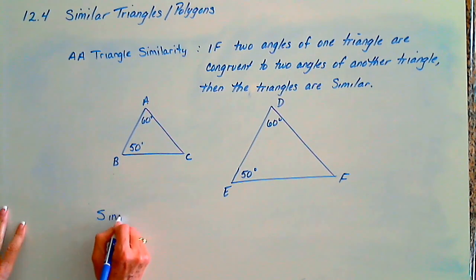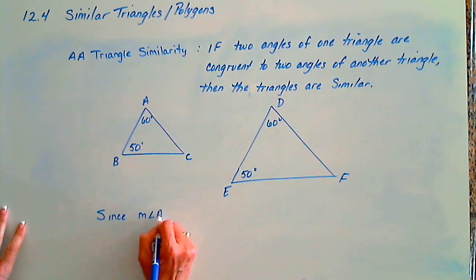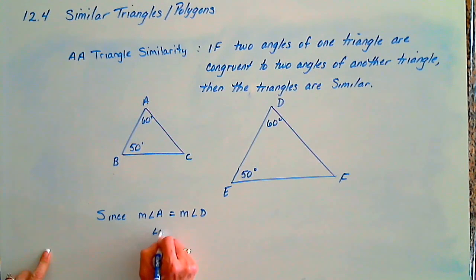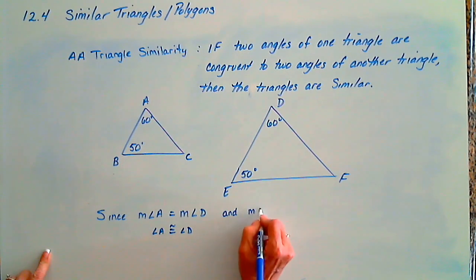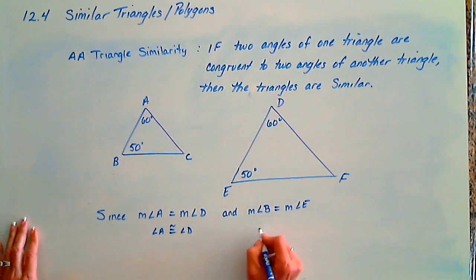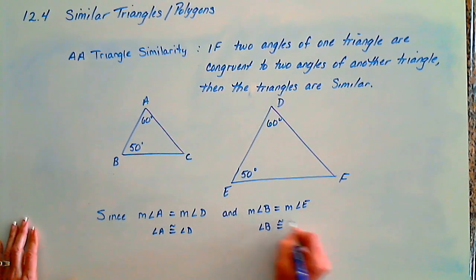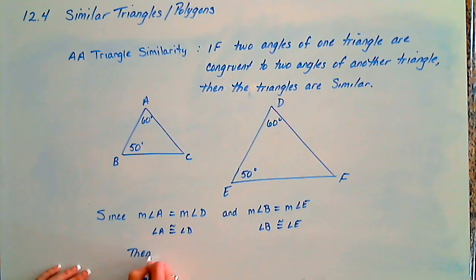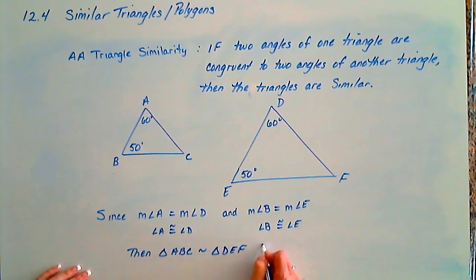We can say, since the measure of angle A is the same as the measure of angle D, this means that angle A is congruent to angle D, and since the measure of angle B equals the measure of angle E, by definition, this means angle B is congruent to angle E, then triangle ABC is similar to triangle DEF by angle-angle similarity.